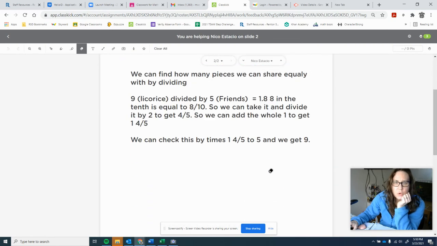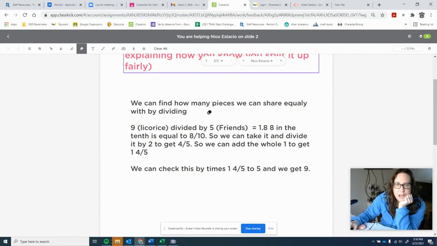Okay, Nico. All right, Nico did more words. We can find how many pieces we can share equally by dividing. 9 licorice divided by 5 friends equals 1.88. I'm interested to find out how you figured that out, like your work on that. In the 10th is equal to 8/10, so we can divide it by 2 and get 4/5.